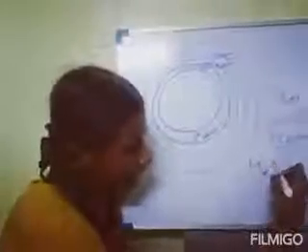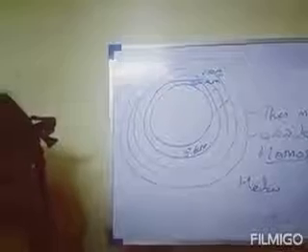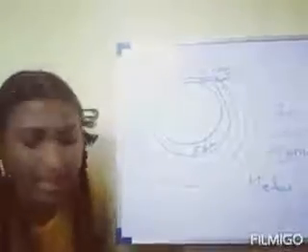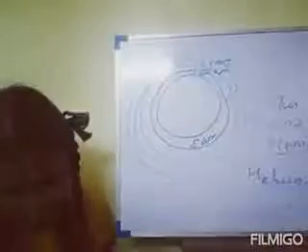The upper part has an uneven composition of the gas, and that is called the heterosphere. Again, the upper portion of the thermosphere has an uneven composition of gas, and it is called the heterosphere.